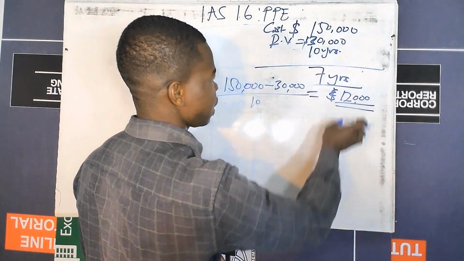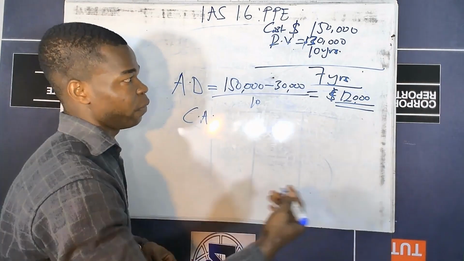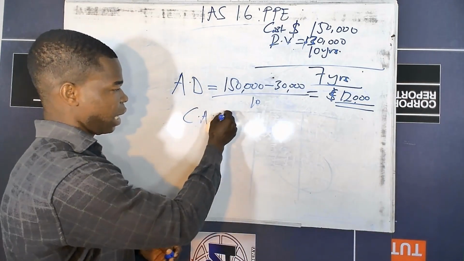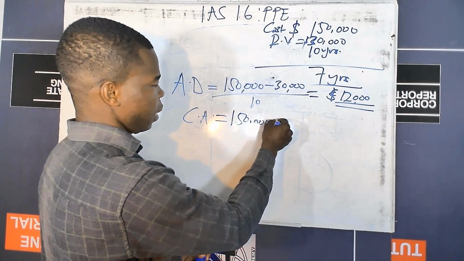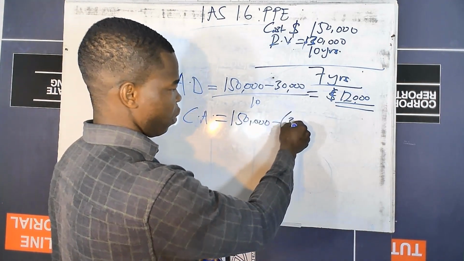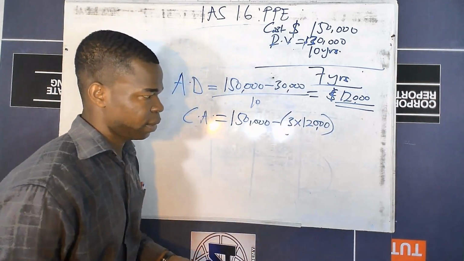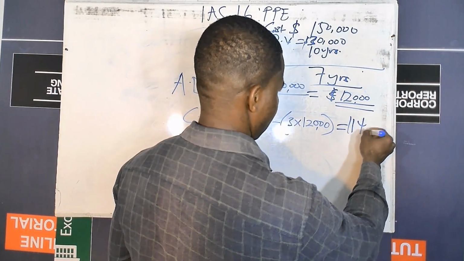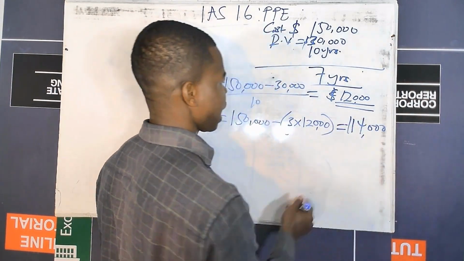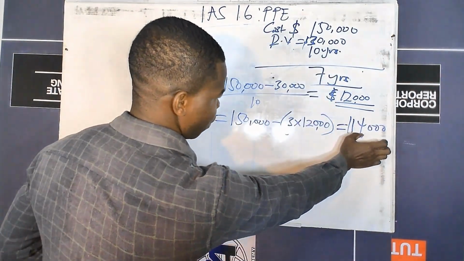Remember that we have used the asset for 3 years to the review date. So the carried amount is going to be the cost, which is 150,000, minus our accumulated depreciation, 3 multiplied by 12, which is $36,000. This gives $114,000. So the carried amount of the asset as at the date of the review is now 114,000.